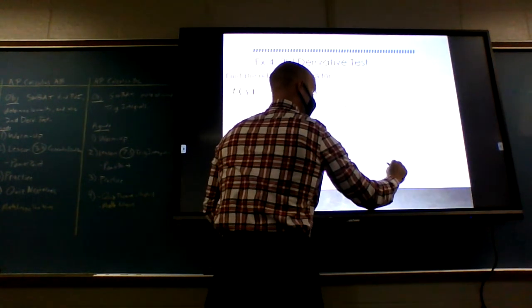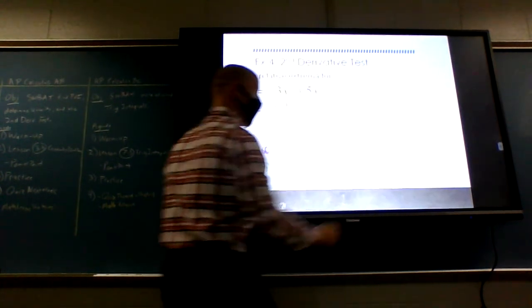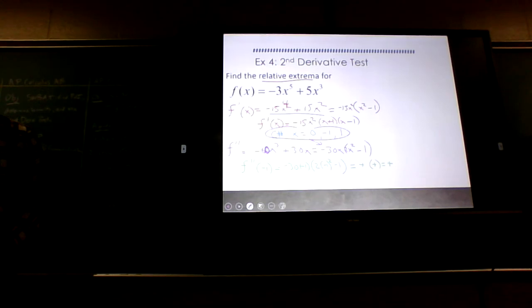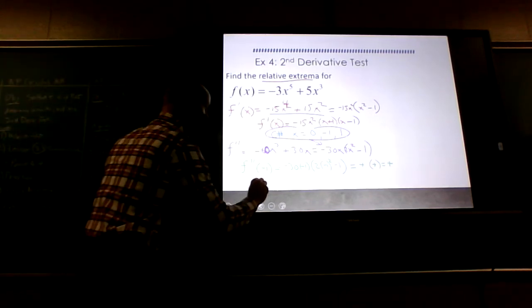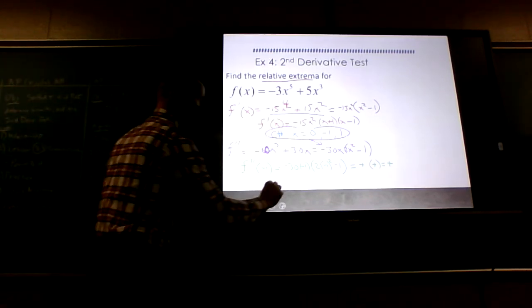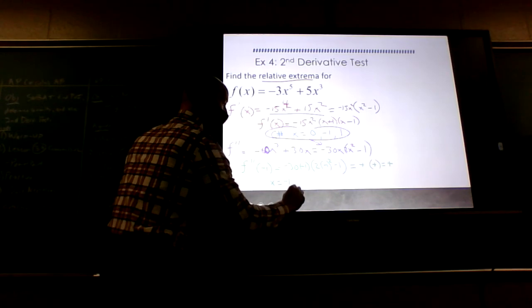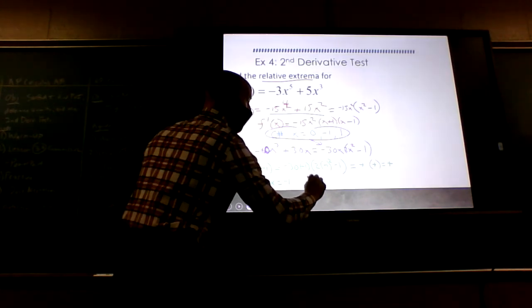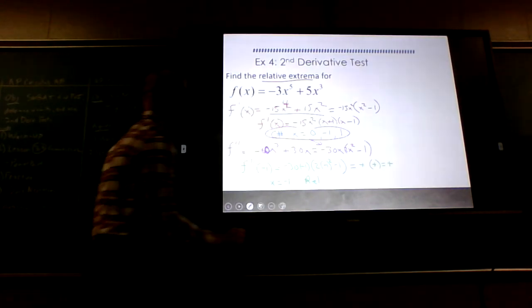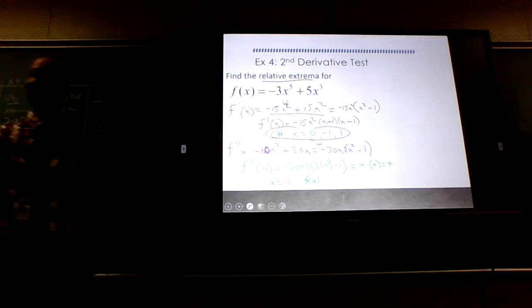Positive, right? So this is positive. Agreed? Which means it's concave up. Therefore, x equals negative 1 is the location of a relative what? Concave up. Relative min.